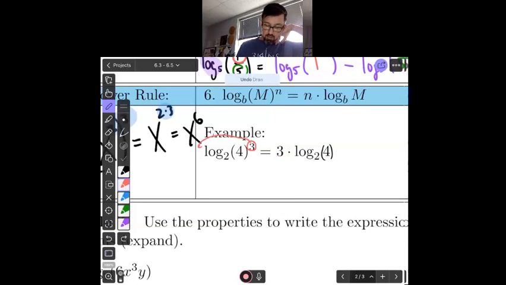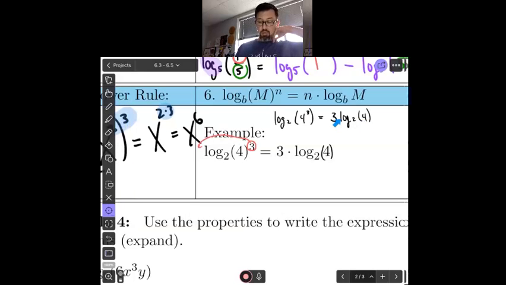It does not matter if it's written like this either. Log base 2 of (4 cubed), where the 3 is inside the parentheses, can also still drop to the front. And this is generally how I would write it. I would not put the dot there. Sometimes it's easier for you guys to see it by reminding yourself that this is 3 times some other number.